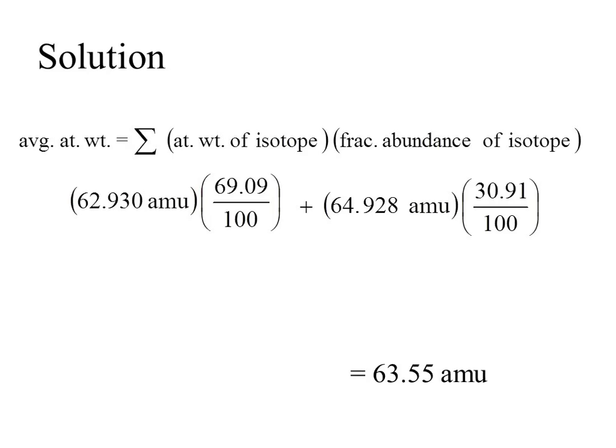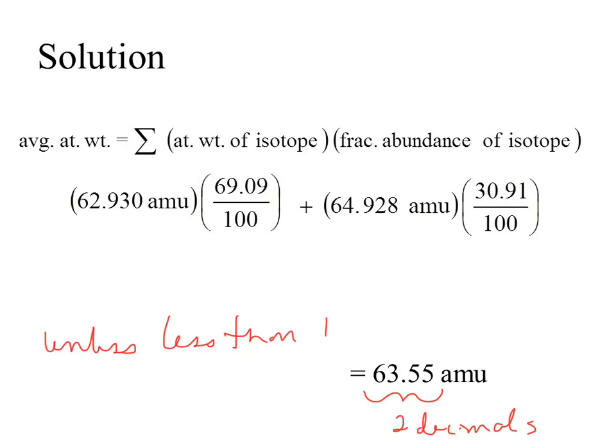So you just round it to... That's a good point. I got like 63.5475818. Yes, 2 decimals for this sort of problem. And I think I have a slide later on. Isn't that fun? 63.55. Go with 2 decimals, unless it's less than 10 AMUs.